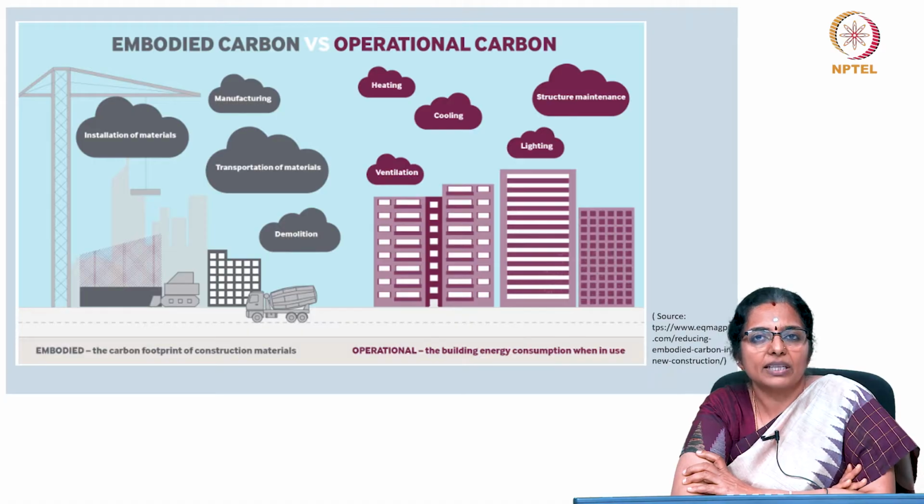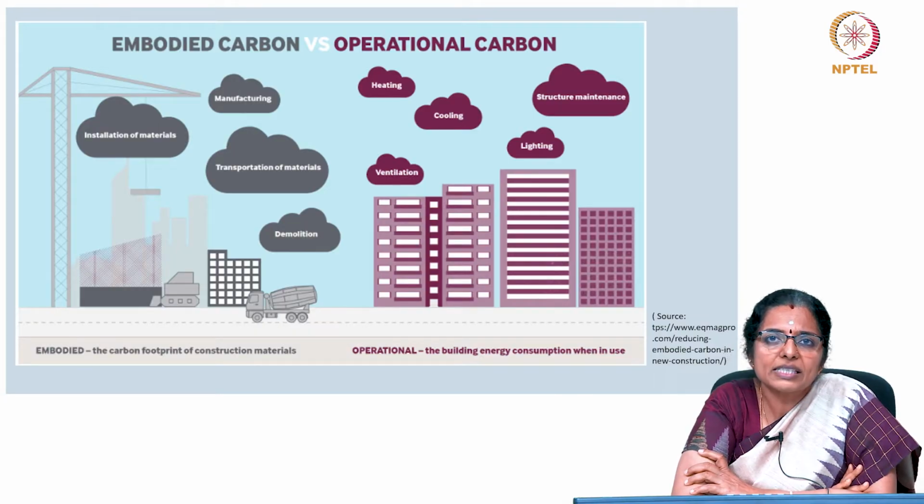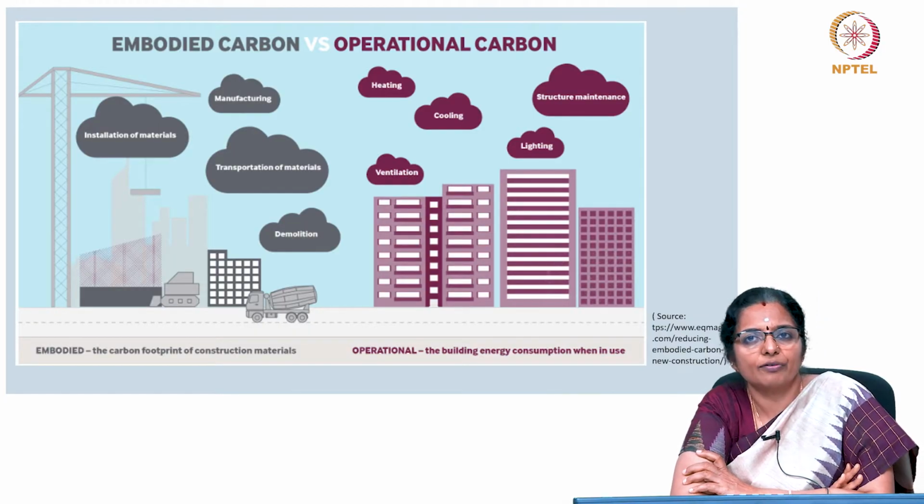For example, this comes from lighting, heating, ventilation, cooling, fans, air conditioner, maybe general power usage throughout a building. The operational carbon footprint of a building is the sum of all the carbon produced over the lifetime use of the building, which could easily be maybe 60 to 70 years or at least 50 years.